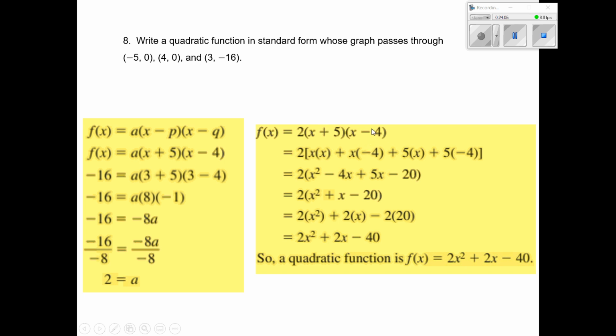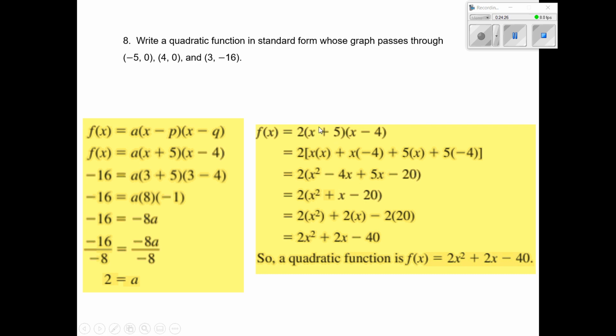First, I'm going to go ahead and FOIL these, or I could have multiplied them together like we did before. We got 5 times -4, that's going to give us -20. We're going to have x times x, that's x squared. We're going to have a 5x plus a -4x, which makes an x, right?